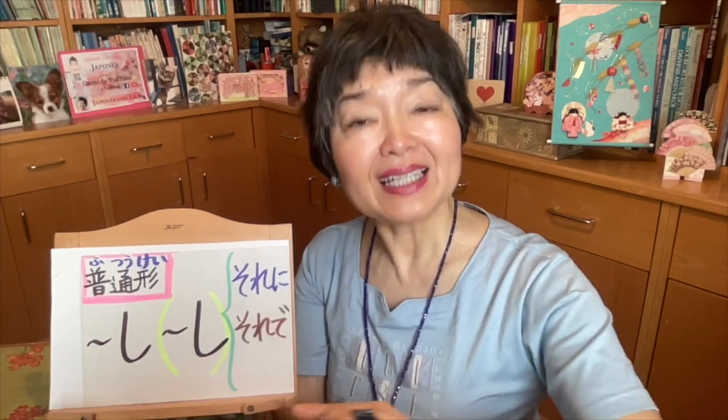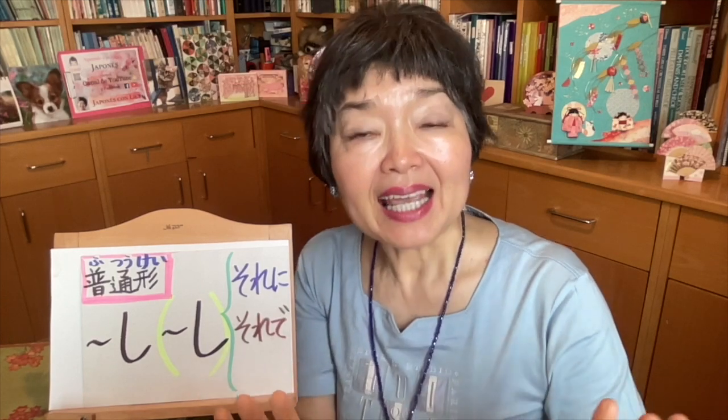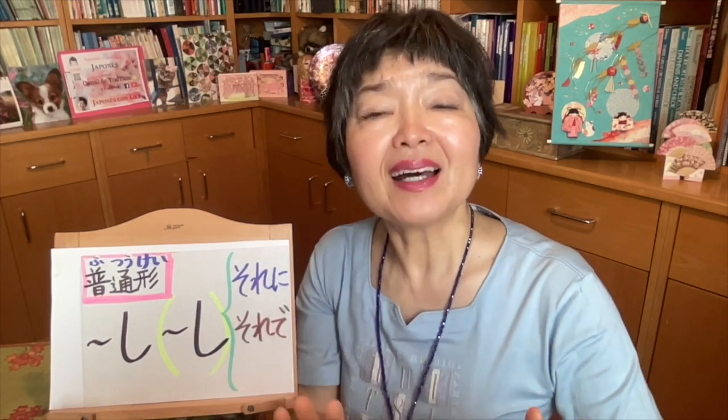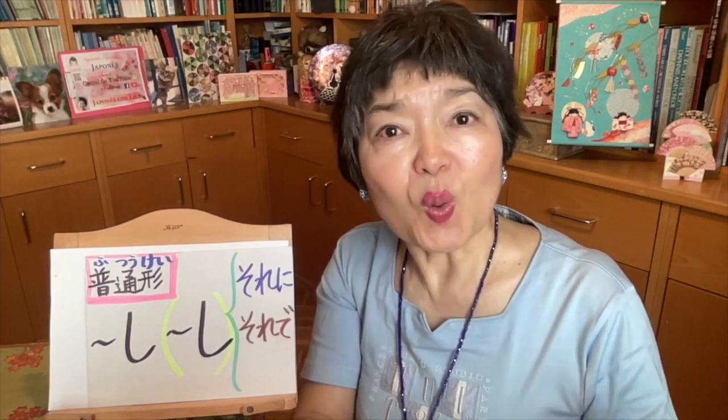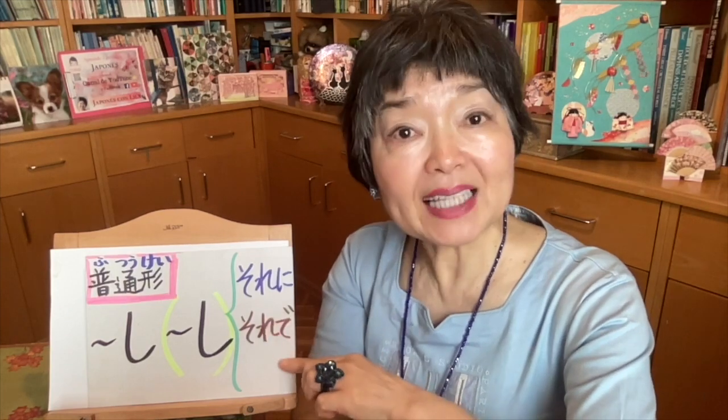One more thing that I want to remind you, and it's very important: when we use し, all the things I'm going to tell here must be positive if one is positive, and if it's negative, all of them are negative. So you can't use positive and negative together. Imagine that somebody asks you, how is your suitcase? Then you say, my suitcase is big and quite useful and a little bit old. In this case, you are telling two good things, big and useful, but a little bit old is not positive, so you can't use し.